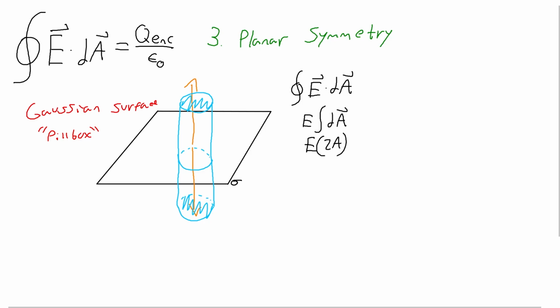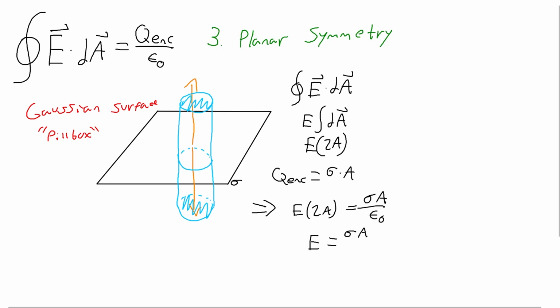And again, the charge enclosed is the charge density times the area. Bringing this all together, we can again solve for the electric field. And you'll notice something, again, the area in this case cancels out.